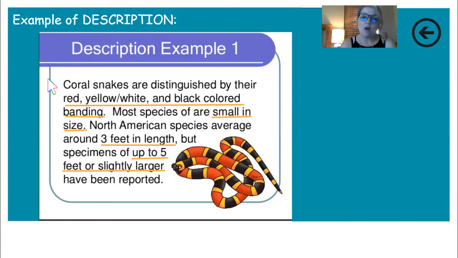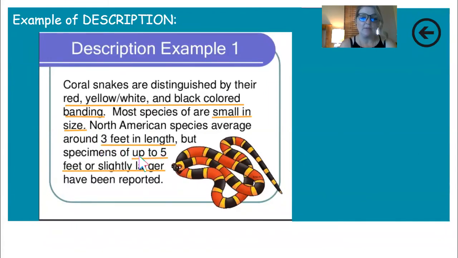So if we were going to have to tell somebody what makes this a description, we would say, well, right here, we've underlined red, yellow, white, black colored banding. That's a description of the snake. Small in size, that's another description. 3 feet in length, that's pretty descriptive.